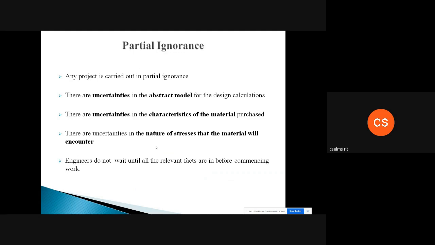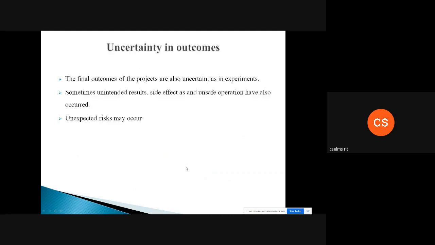Of course, we know the quality of the material, but we can't say that a particular material will work for a particular project. And we can't say the nature of the stress the material will withstand under a particular condition. So the engineers can't wait until the relevant facts are ready. So this is partial ignorance.